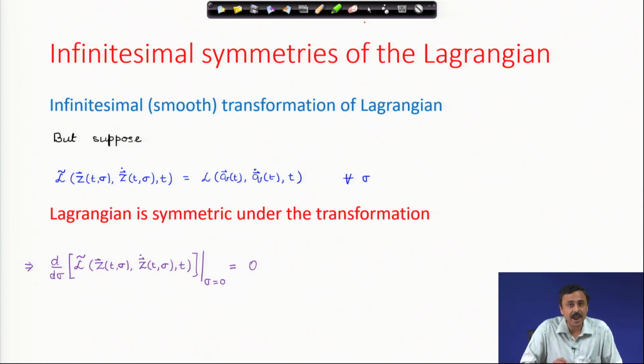This variation at sigma equal to 0 being equal to 0 means that the Lagrangian is symmetric under this transformation from q to z.